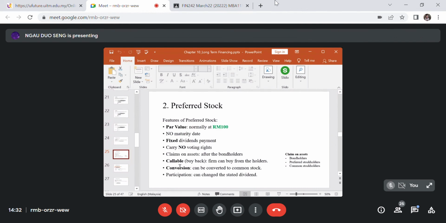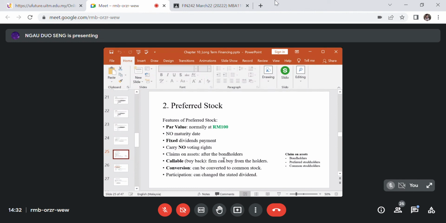Right, and then callable kalau preferred stock dia ada satu option kita panggil dia callable. Dia ada tertulis dalam preferred stock dia ada option pilihan untuk callable. Apa maksud callable? Buy back. Call from the word call, panggil balik. So firm can buy from the holders, meaning that syarikat dia boleh beli balik daripada shareholders.